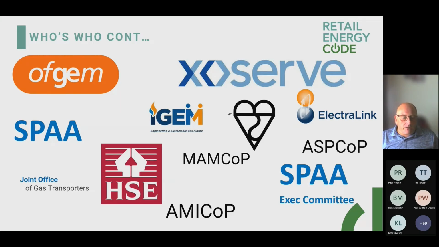Now, the reason that they did that is that if you are a meter asset manager, you are responsible for the transmission of all the data and everything else. So you have to have big systems, you have to have all the network capabilities and everything to transmit. Whereas if you are an AMI, you don't need that.